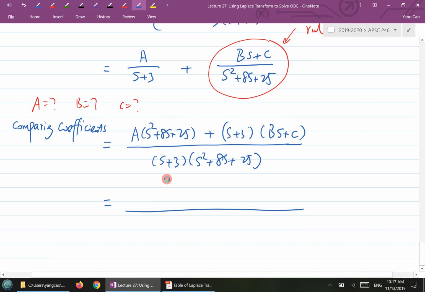If I expand it and group the similar terms, I get a plus b times s squared plus 8a plus 3b plus c times s plus 25a plus 3c. This is the numerator.